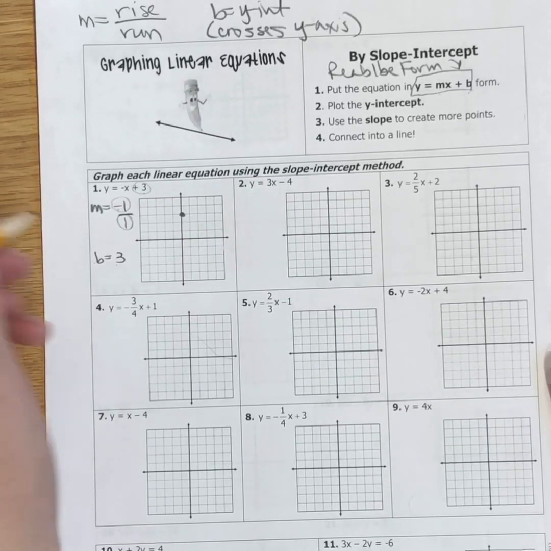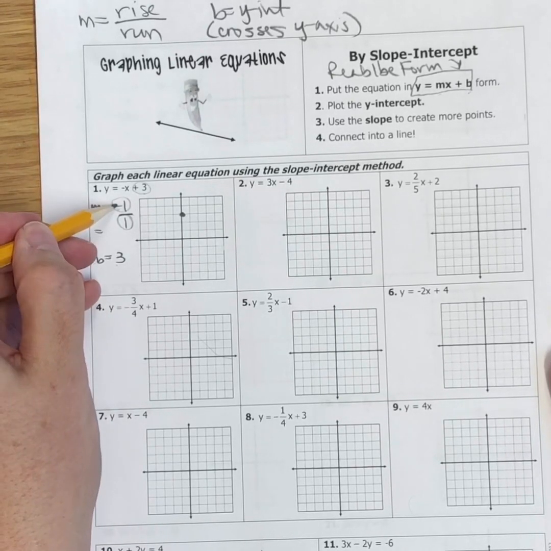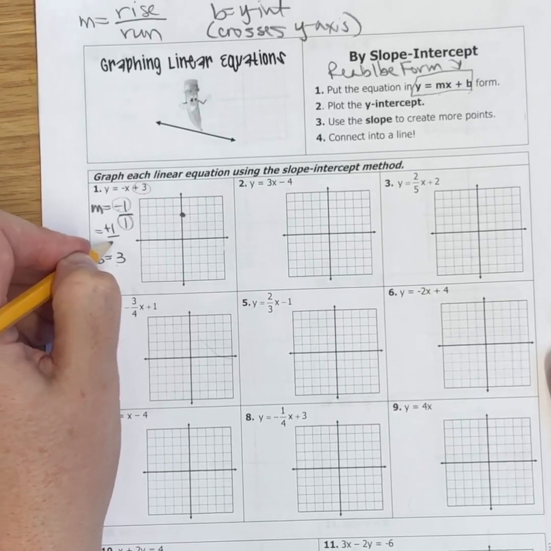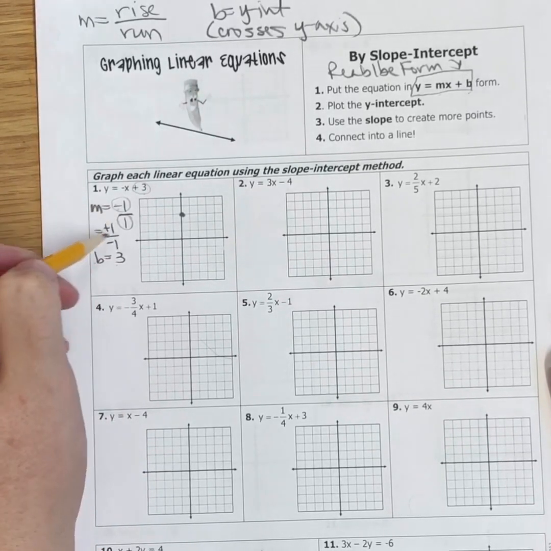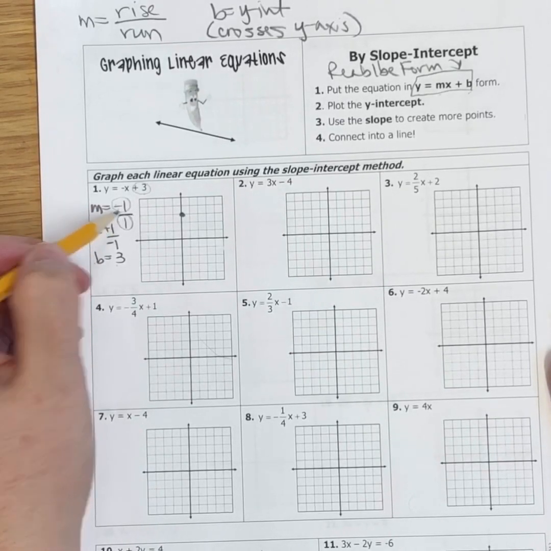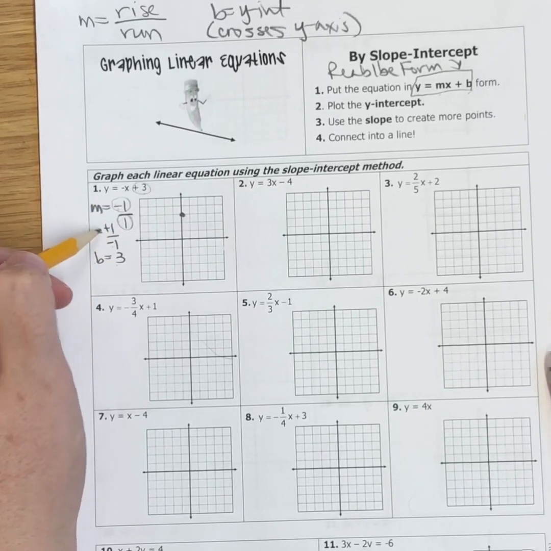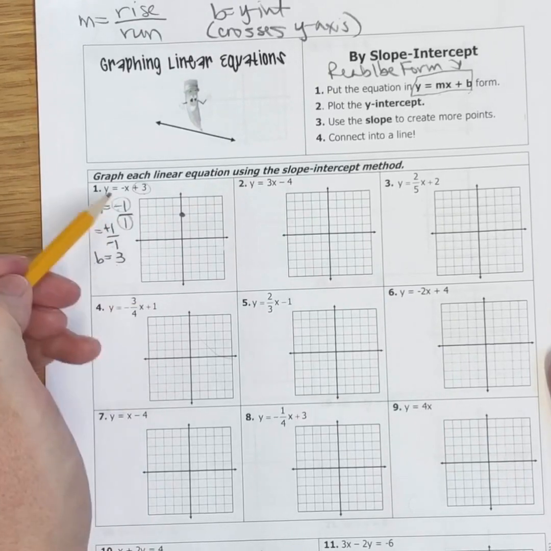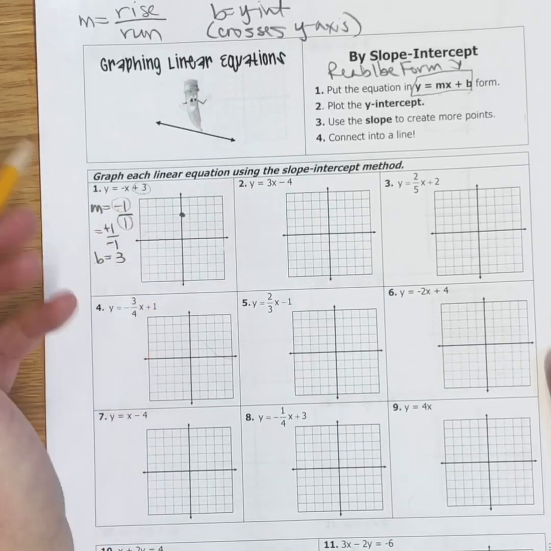And what I mean by the equivalent slopes, remember we talked about a negative divided by a positive is the same thing as a positive divided by a negative. It's just going to change the directions, but we need to have the correct directions so they stay equivalent. Because we know a negative divided by a positive is negative, and a positive divided by a negative is also negative. So we know the slope's going to be going down, okay?